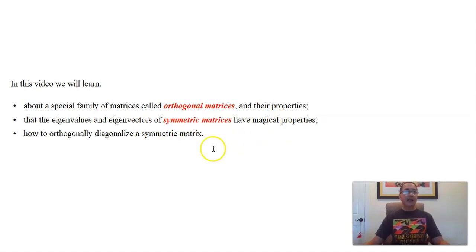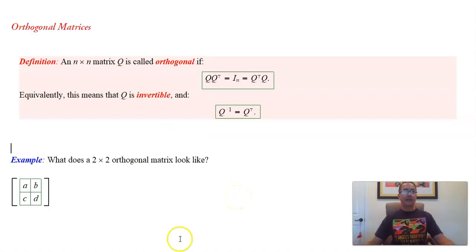I think they're magical. And we will learn how to orthogonally diagonalize a symmetric matrix. What this means is that the invertible matrix that we create to diagonalize a symmetric matrix can be chosen to be this kind of special matrix called an orthogonal matrix.